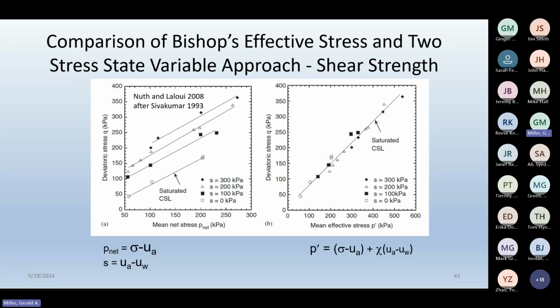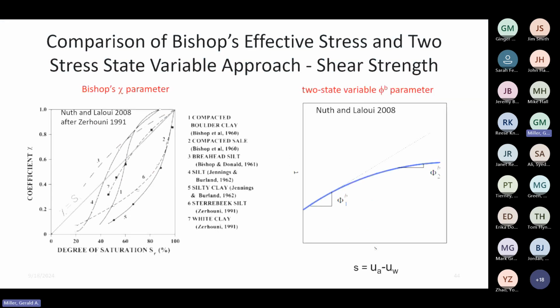The nice thing about the Bishop approach is they all collapse onto a single failure envelope. So the differences are really not that significant in terms of shear strength. But again, this one utilizes the chi term. This one uses the independent stress state variable approach with tan phi b describing the change in strength with suction.